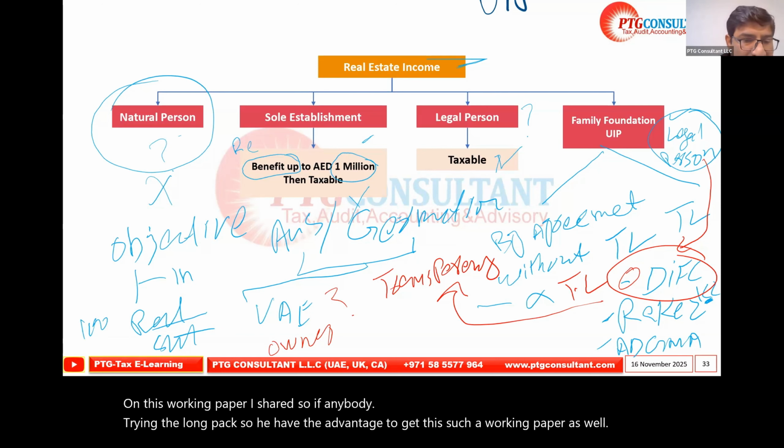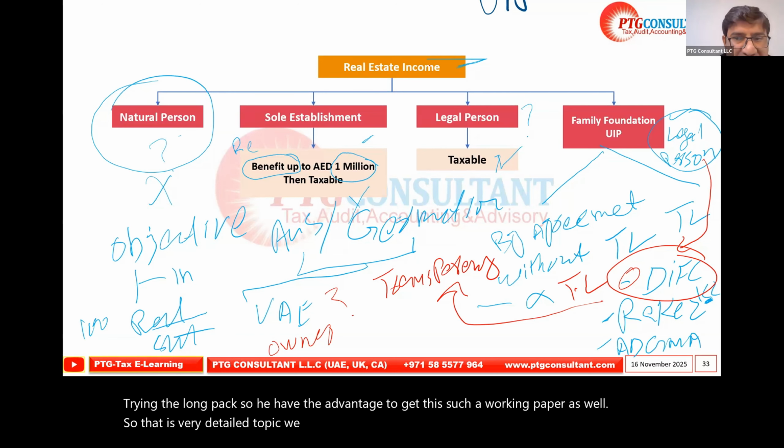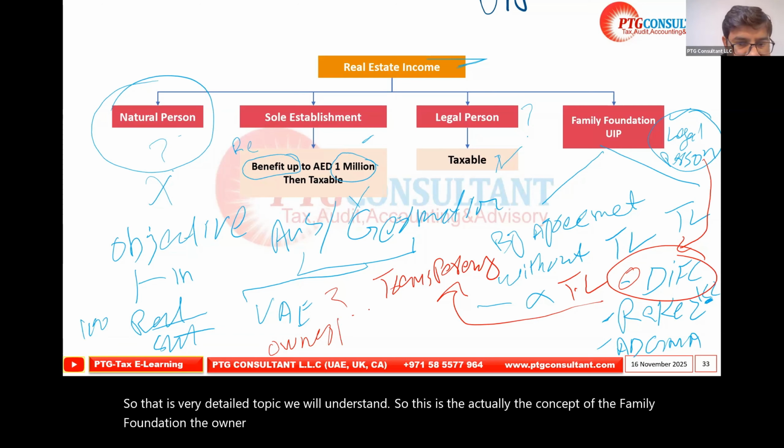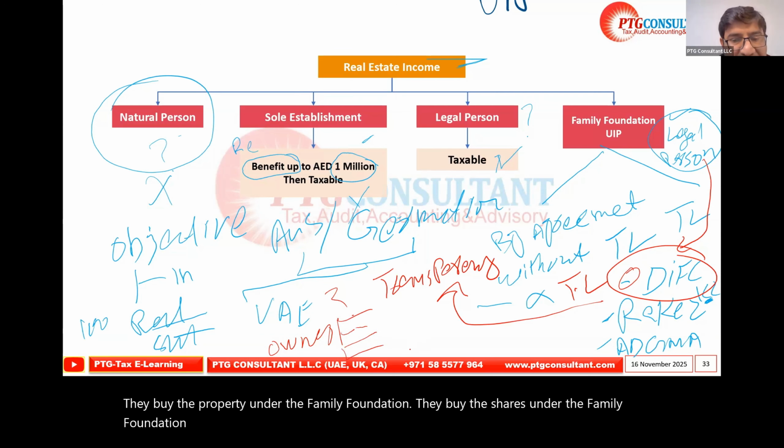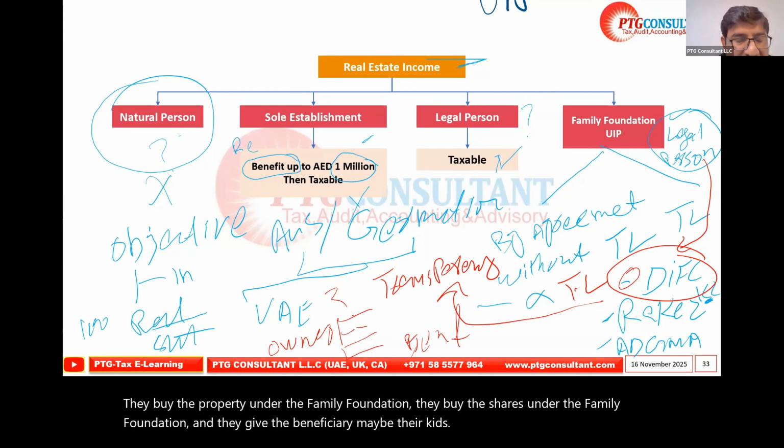That is a very detailed topic we'll understand. So this is actually the concept of the family foundation. The owner makes this family foundation, and with their funds, they buy the property under the family foundation. They buy the shares under the family foundation, and they give the beneficiary, maybe their kids, detail.